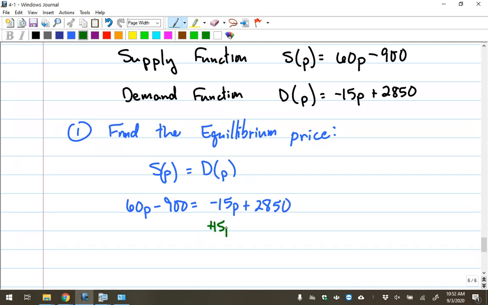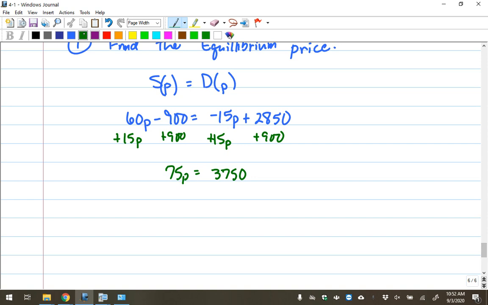I'd add 15p, add 900, and we get 75p is equal to 3750, and then we would divide by 75. 3750 divided by 75 would be 50.